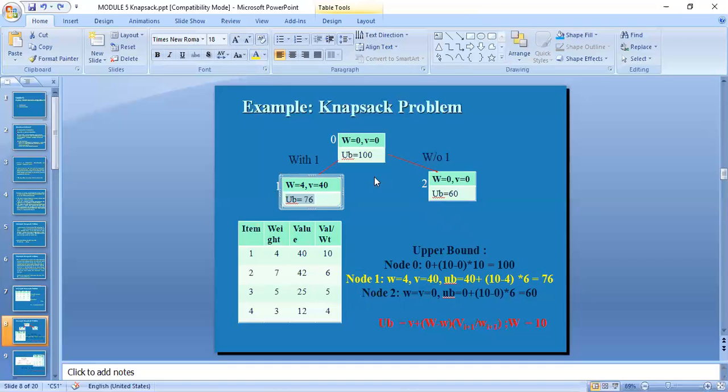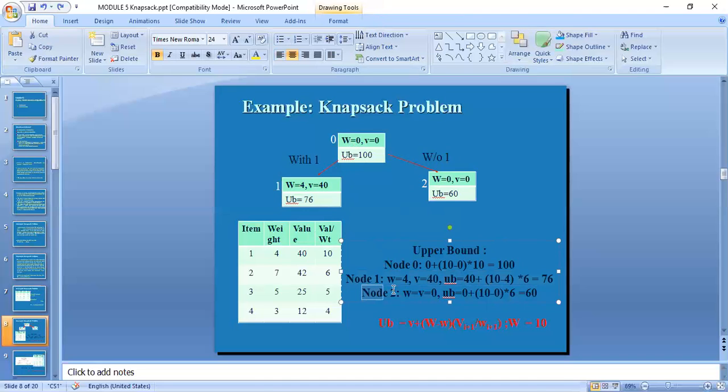Now, what will it be for the left child? The left child is without item 1. Without item 1, the weight will be 0 and the value will be 0, because we are just taking it from the root node. So with weight 0 and value 0, you calculate the upper bound as 0 plus the remaining capacity.